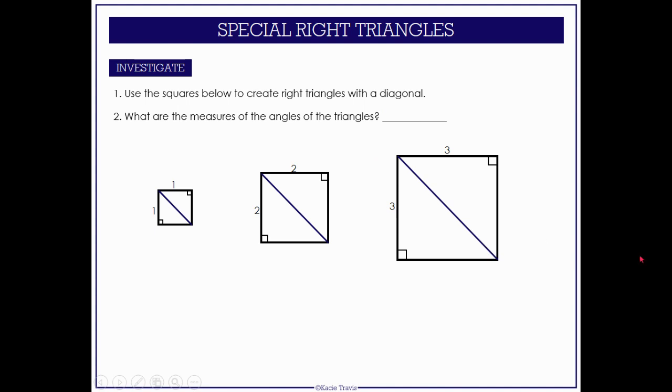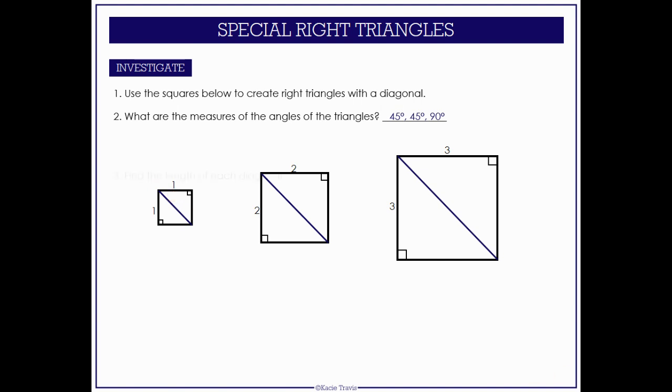So what's going to happen is our measurements for these are going to be 45, 45, and 90 degrees. These angles over here in the corner, being 90, if you were to just cut them straight in half, you would end up with 45 degrees and 45 degrees.